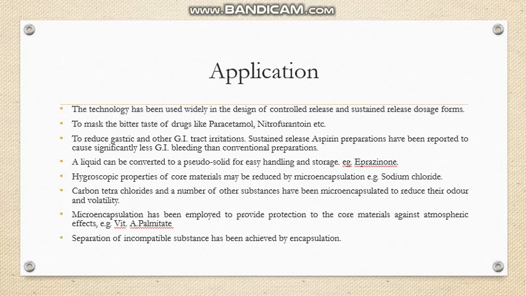Sustained release aspirin preparations have been reported to cause significantly less GI irritation and bleeding in comparison to the conventional one. So this is one of the aspects.